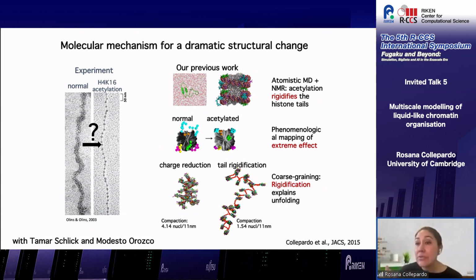It increases the stability of otherwise transient secondary structural elements in the histone tails, condensing them, making them rigid, and also unavailable to mediate internucleosome interactions. So when we map this rigidity into a coarse grain model, we found that this rigidification explains the unfolding, the decondensation of chromatin, while simple charge reduction didn't.